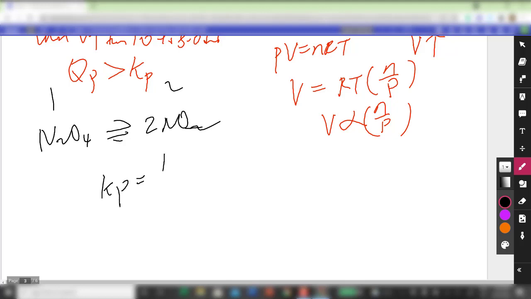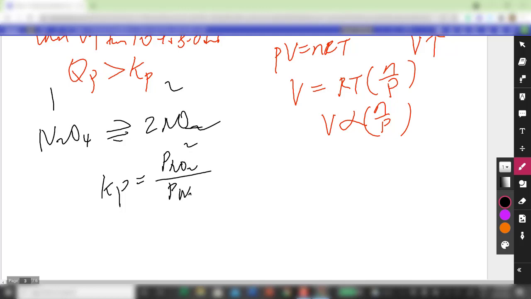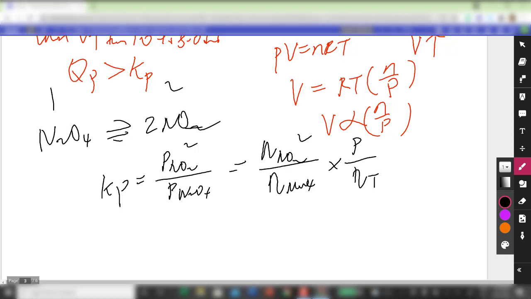Kp is equal to the partial pressure of NO2 squared divided by the partial pressure of N2O4. Then again, after you dissect the terms, you should be able to get the number of moles of NO2 squared divided by the number of moles of N2O4, and then multiplied by P over the total number of moles.